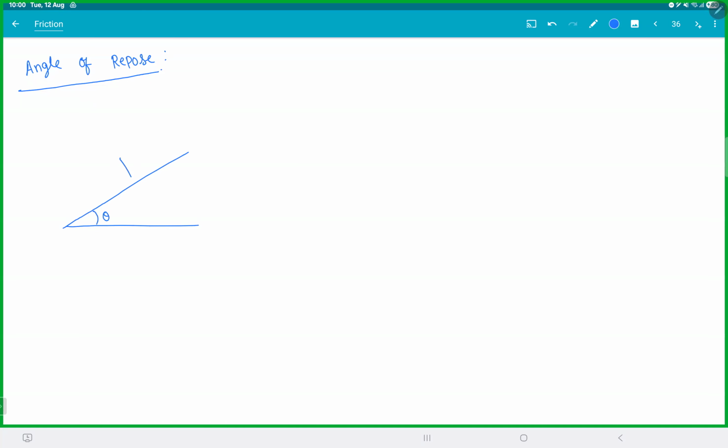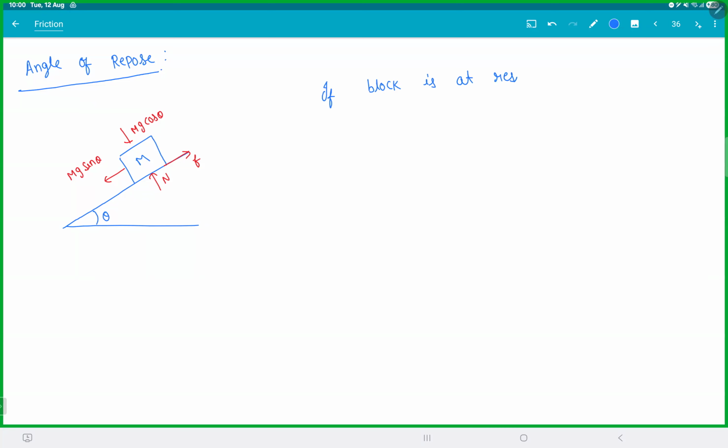This is theta. So if you take a block here, and if you look at the forces, we have friction, we have normal reaction, mg cos theta and mg sin theta. If the block is at rest, again, be careful, don't say f is maximum.